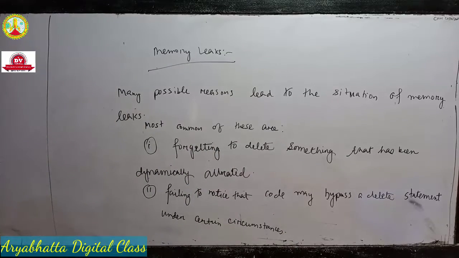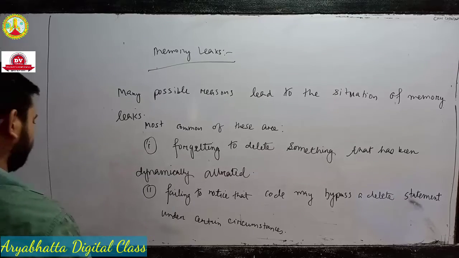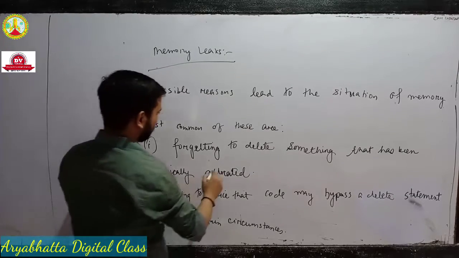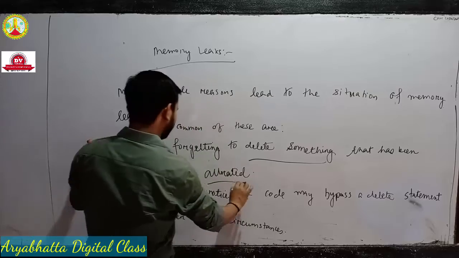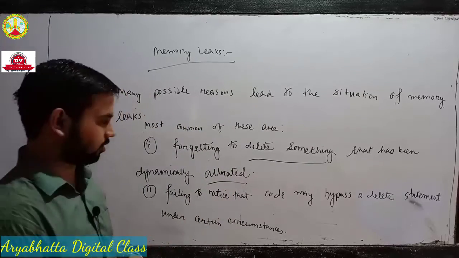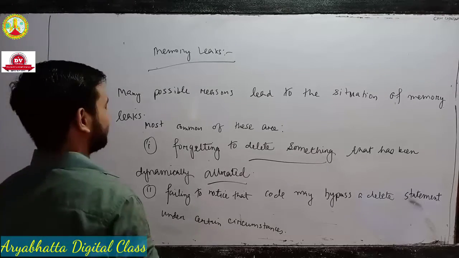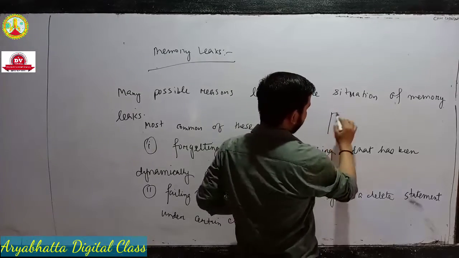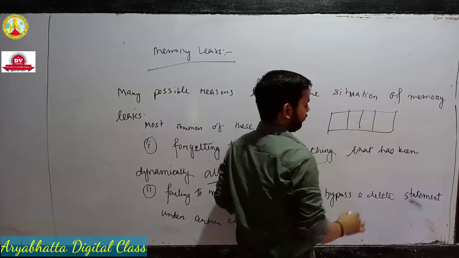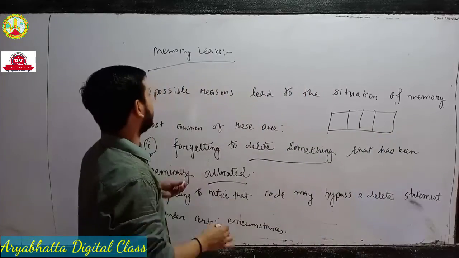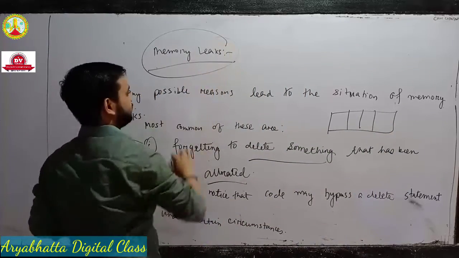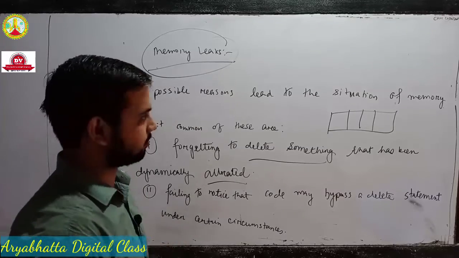Mainly these two conditions. Forgetting to delete something that has been dynamically allocated, which I have already told you. And the second one is the same thing. Bypassing the delete statement means if you allocate memory and then forget to deallocate it, the memory will be leaked. This memory leak concept comes in at that moment.